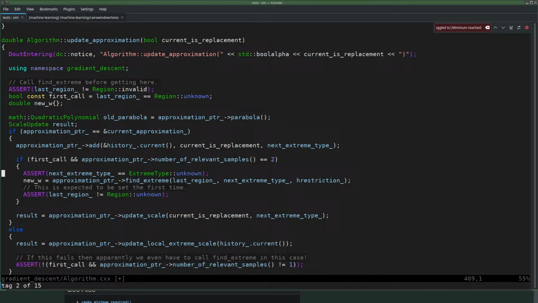So here first call more or less means: make sure that if this is the approximation on the stack and not in a local extreme, and we have at least 2 samples, then make sure that find extreme is called.